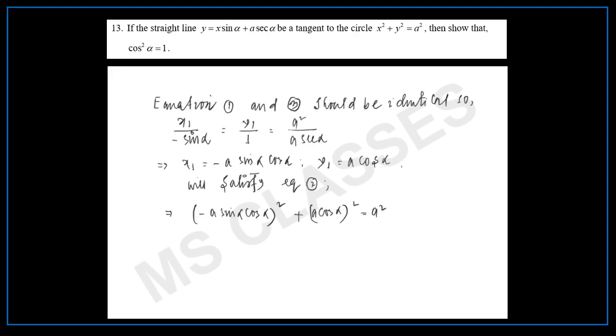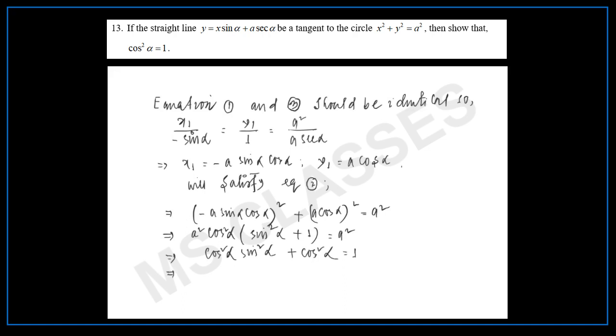Now from both the terms we can take a square cos square alpha common and we get sine square alpha plus 1 equal to a square. This gives us cos square alpha into sine square alpha plus cos square alpha equal to 1.